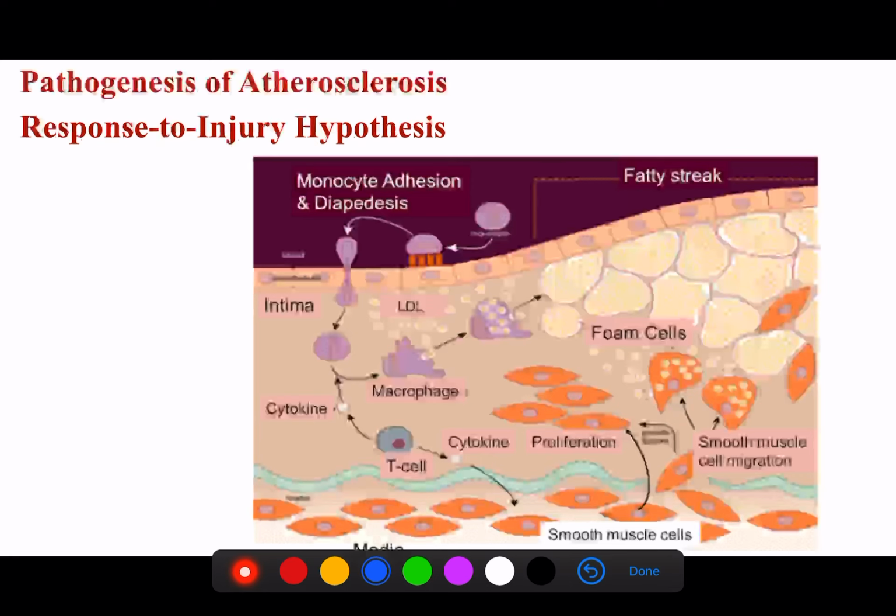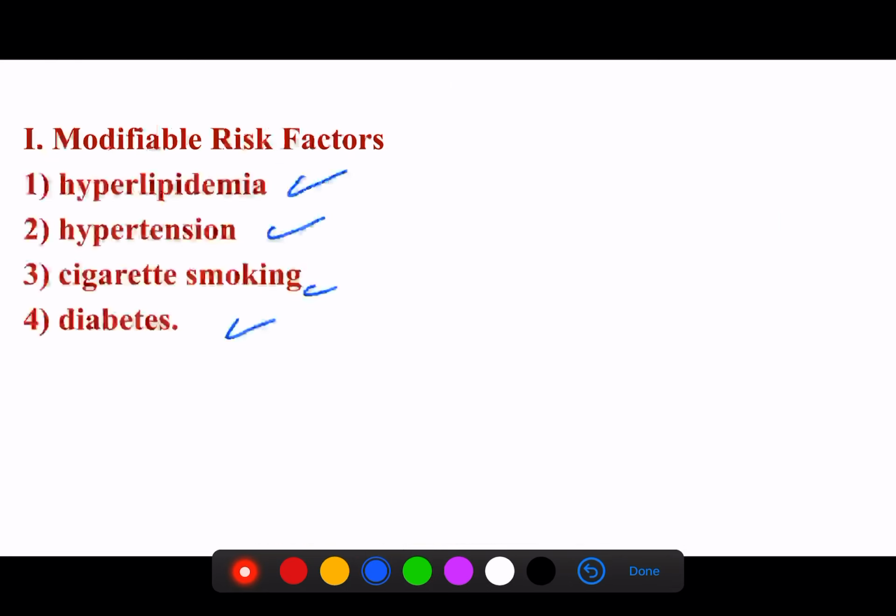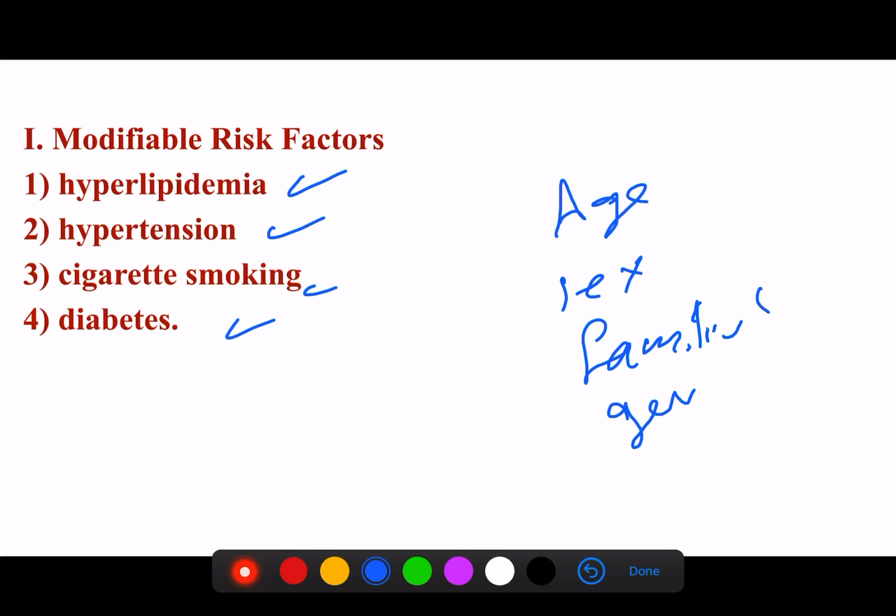The non-modifiable factors, before we go to the pathogenesis mechanism, include age, sex, familial relation, and genetics. All these non-modifiable factors cannot be managed.